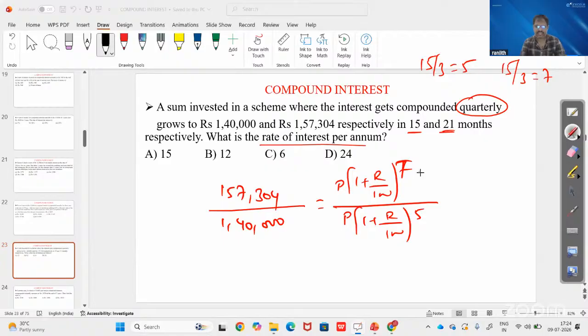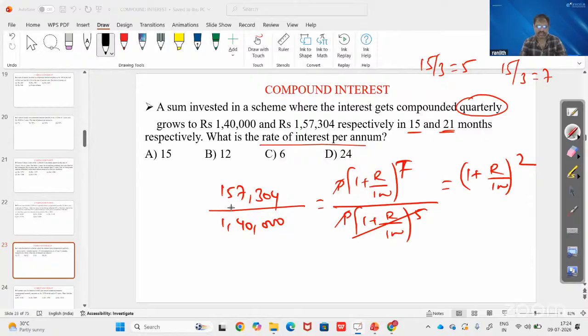The P's will be cancelled, and the 5 powers are also cancelled. I will be left with 1 plus R by 100 whole square. Here also we need to cancel, with the square.